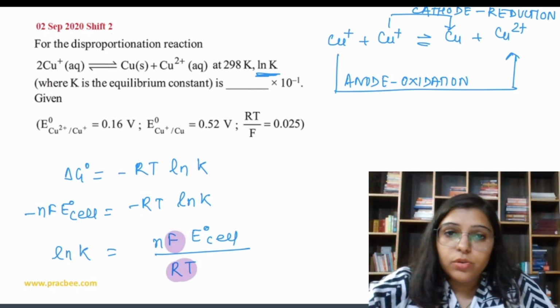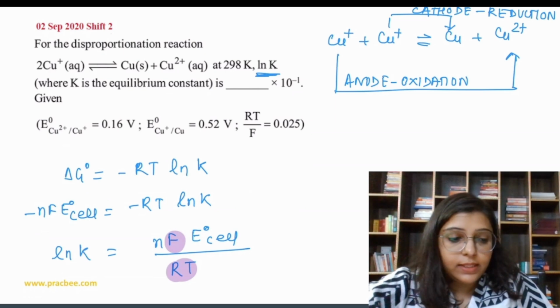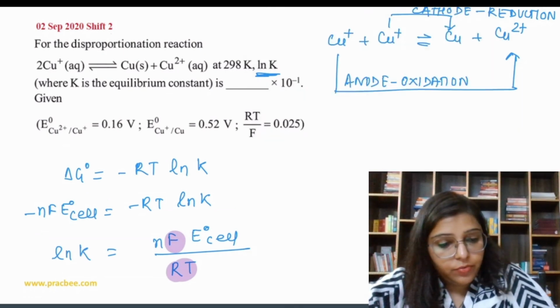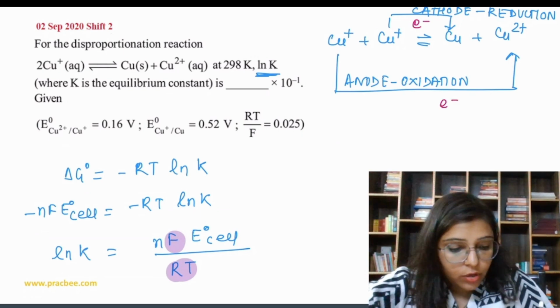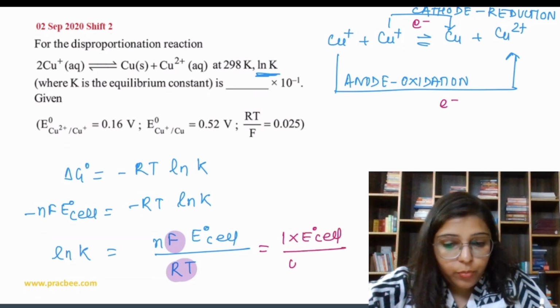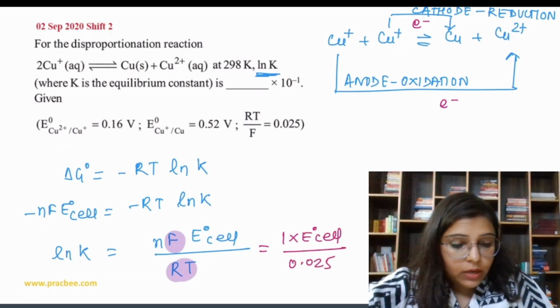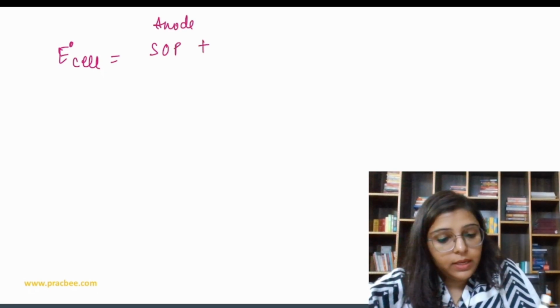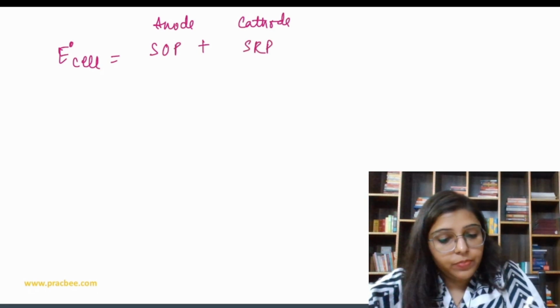If we see the change of electron, here we have a change of 1 electron and here we have a change of 1 electron. So this is going to be 1 into E naught cell upon 0.025. Now let's find out the value of E naught cell. E naught cell means standard oxidation potential at the anode plus standard reduction potential at the cathode.